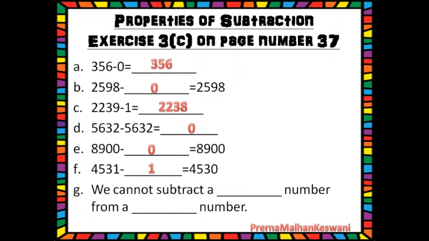We cannot subtract a bigger number from a smaller number. I already told you in the beginning, children, that you always subtract a smaller number from a bigger number. So, on the contrary, we cannot subtract a bigger number from a smaller number.